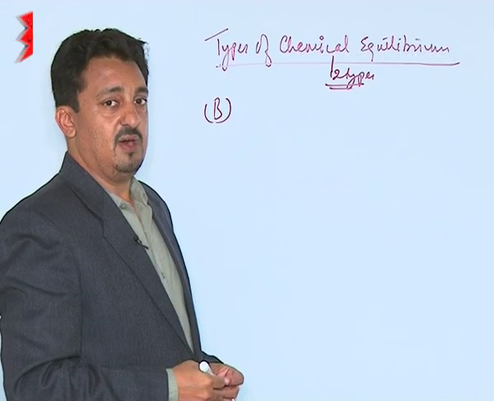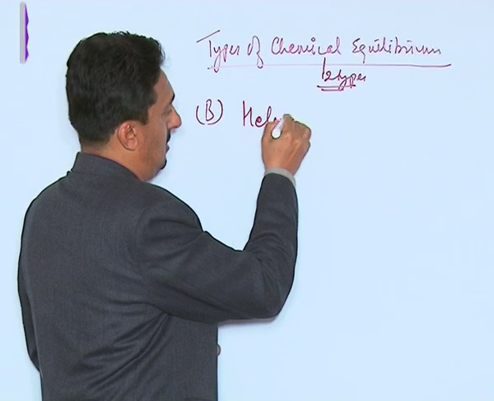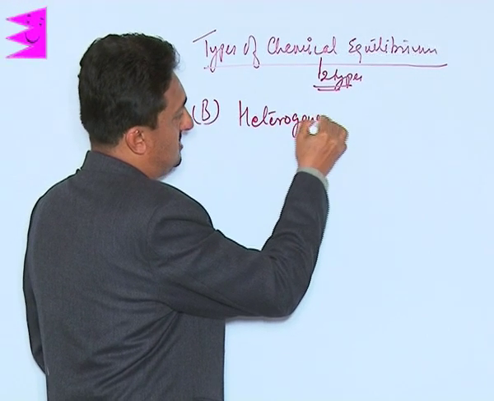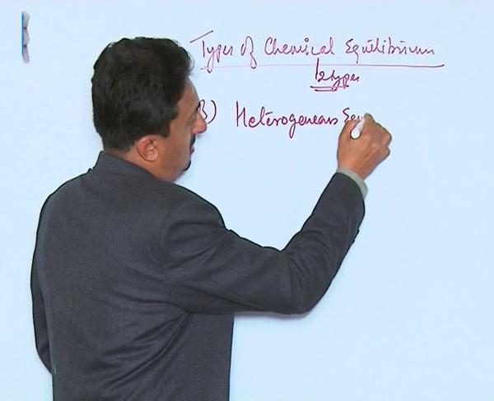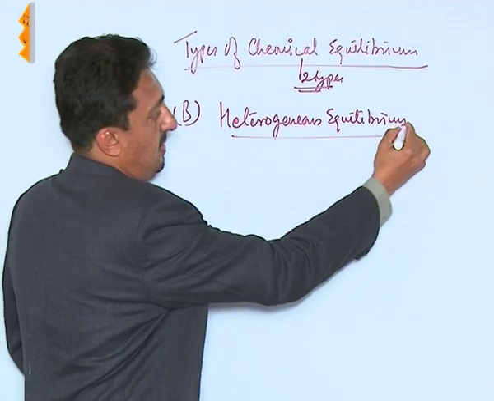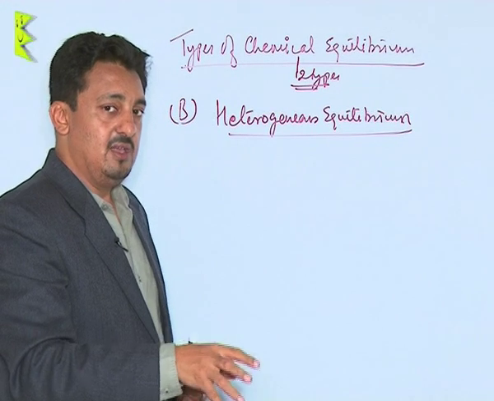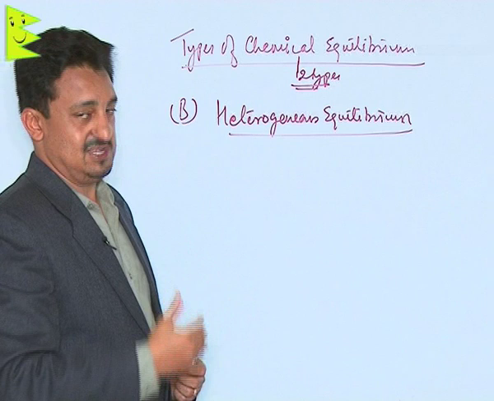The second type of chemical equilibrium is heterogeneous equilibrium. It's the equilibrium in which the substances involved will be existing in a different state.